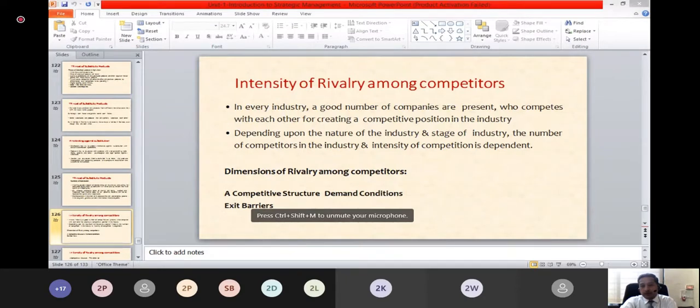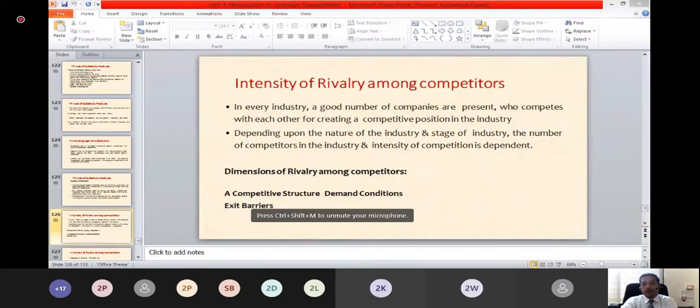In every industry, you will see a good number of companies present who compete with each other for creating a competitive position in the industry. In any industry, there are many similar companies trying to target similar customers and struggling for the same competitive market share.